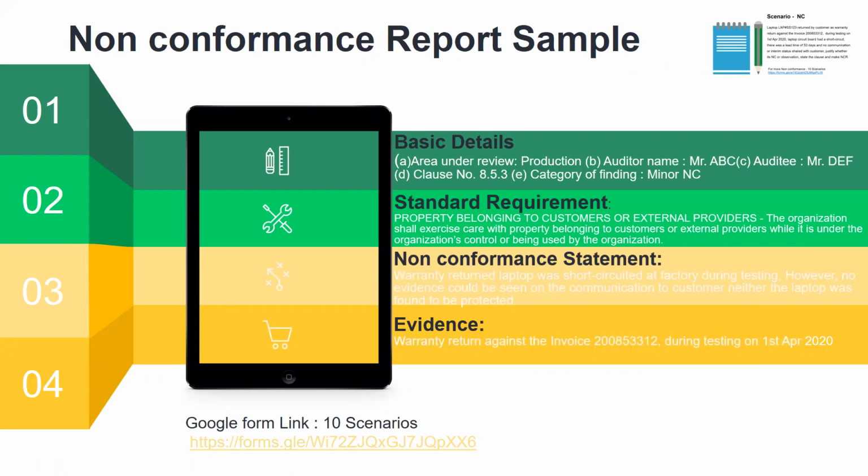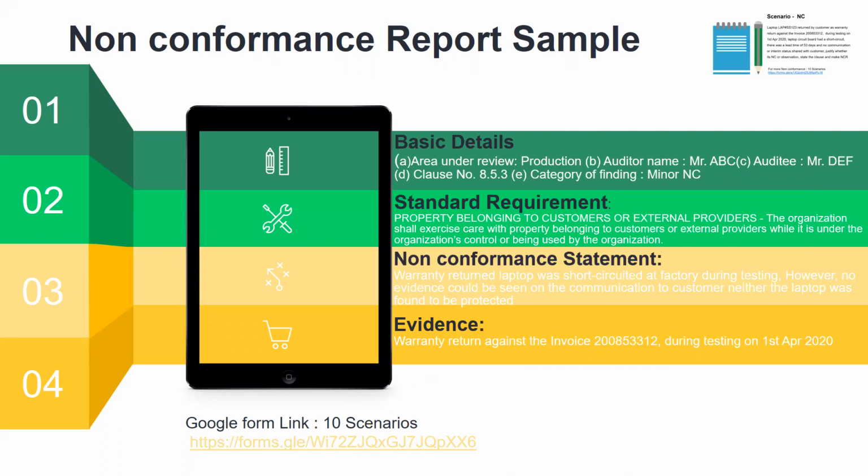The sentence says, property belonging to customers and external providers, that is, suppliers. The organization shall exercise care with the property belonging to customers or external providers while it is under the organization's control. Because this product has come back as a customer complaint under warranty, it is under the organization's control or being used by the organization.